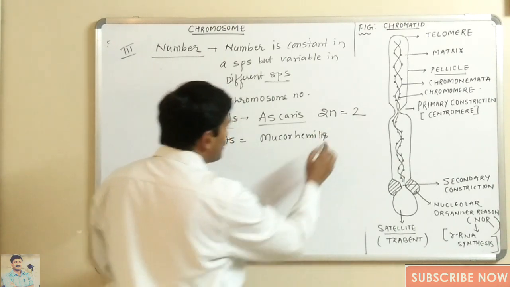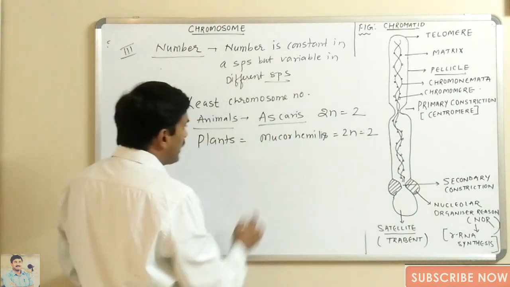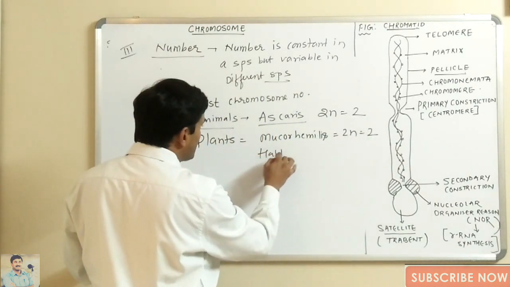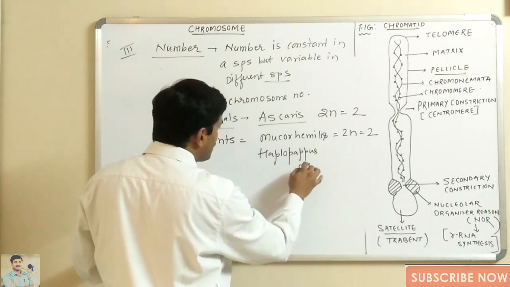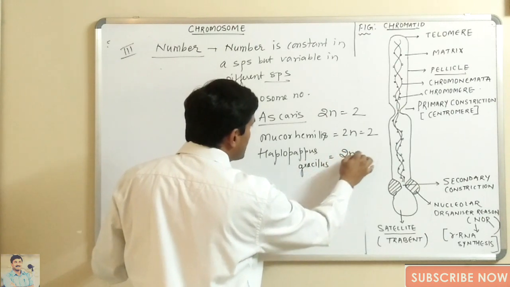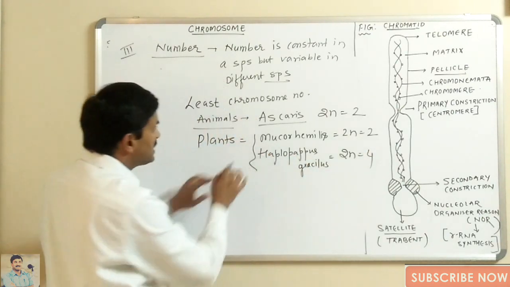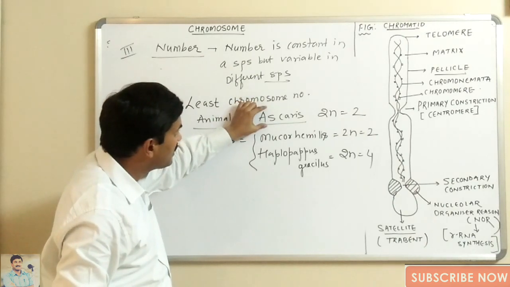Mucor himalis has 2n = 2, while Haplopappus gracilis has the chromosome number of 2n = 4. Okay, so these are the least numbers found in the plants, and these are the least numbers found in the animals.